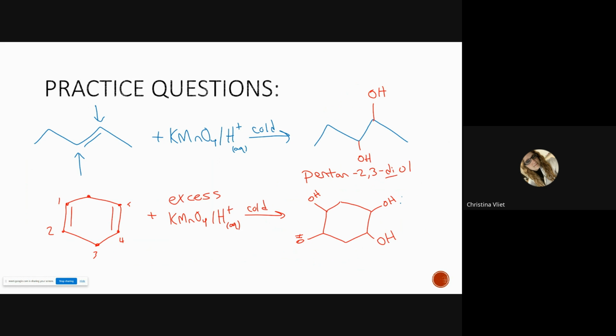Sorry, it would be tetraol, right? Like tetramethyl, it would be tetraol. Cyclohexane-1,2,4,5-tetraol. But Cambridge would not ask you to name that. Would that be on a Cambridge test?